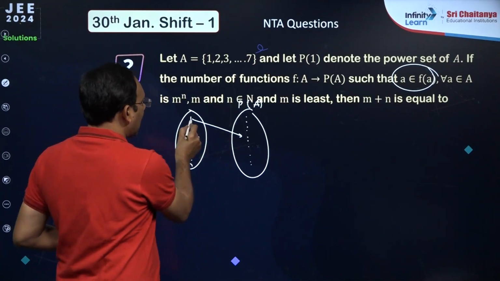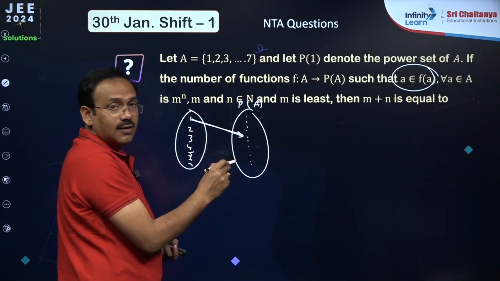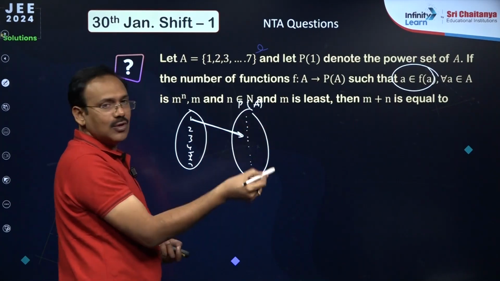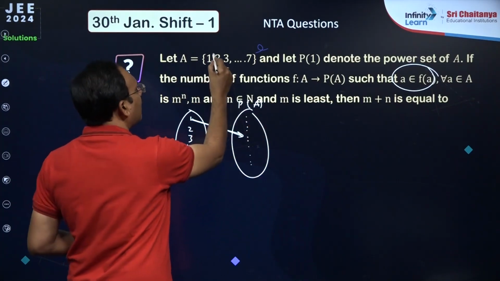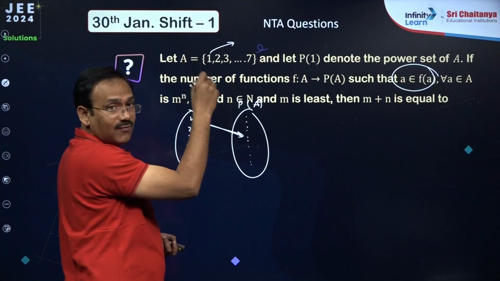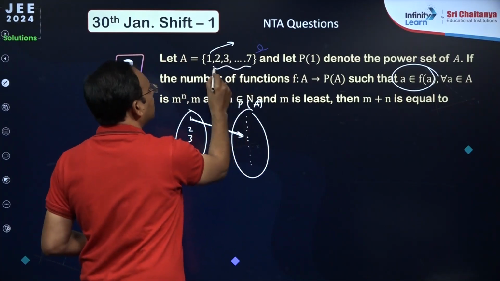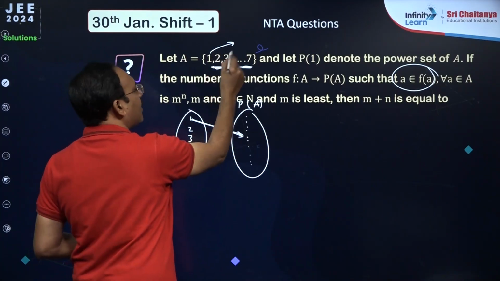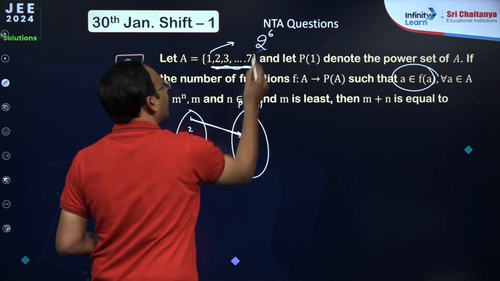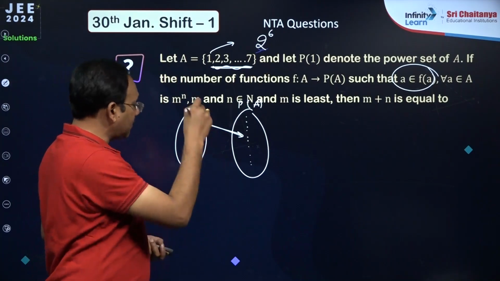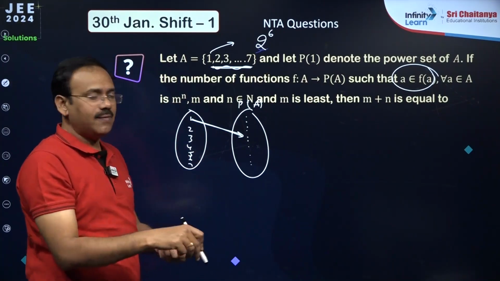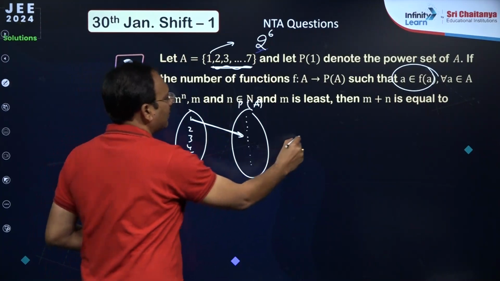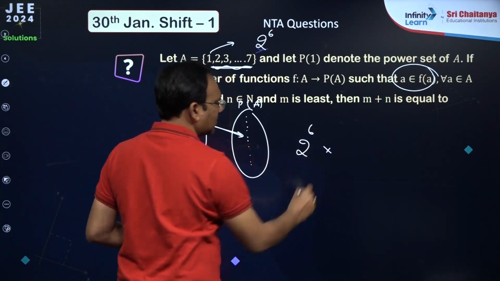So how many subsets will be there where 1 is an element, that you have to think. Number of subsets in which 1 is there means 1 must be there, and the others may or may not be taken. There will be 2 power 6 subsets in which 1 is an element. 1 can be mapped to any of these 2 power 6 subsets.